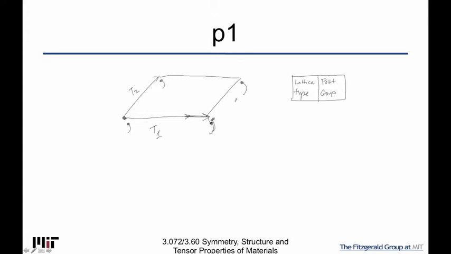Well, there is no point group here, so this is a 1. Remember the identity element, it basically does nothing. If we had a 2, it would rotate this about here, and we're going to do that next. So it's just a 1, and it's primitive. If we follow this notation, this is P1. P is for primitive, and 1 is for the point group 1.